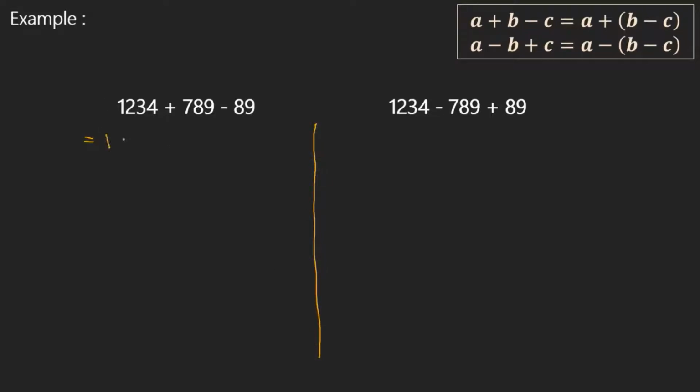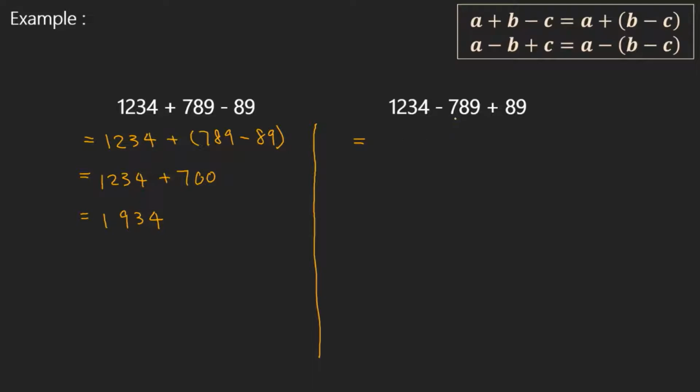It becomes 1,234 plus parentheses 789 minus 89. Because it's a plus sign in front of the parentheses, the signs inside stay the same. So it becomes 1,234 plus 700, which gives 1,934.